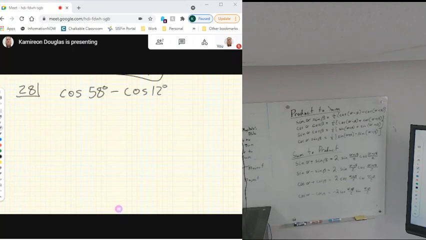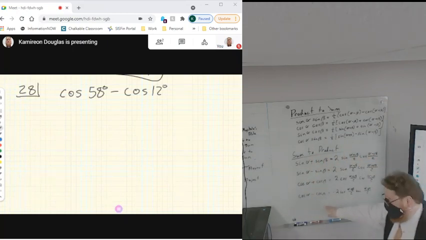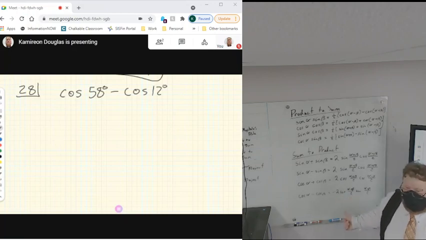Here we go. So just like the previous ones, my first goal, figure out the formula I'm supposed to use. With that formula, plug into the formula, and then start simplifying as far as I can go. If it's on the unit circle, use the unit circle. If it's not, stop. That's it. Number 28, I have cosine of something minus cosine of something. I go to my formula list. That bottom formula is cosine minus cosine. In this case, my alpha is going to be 58 degrees.